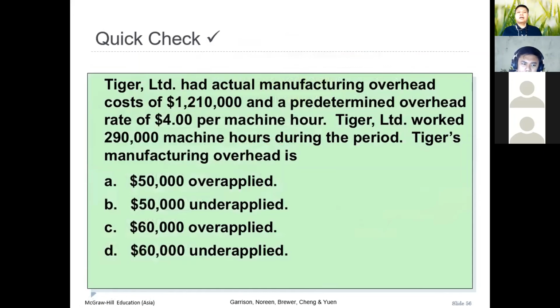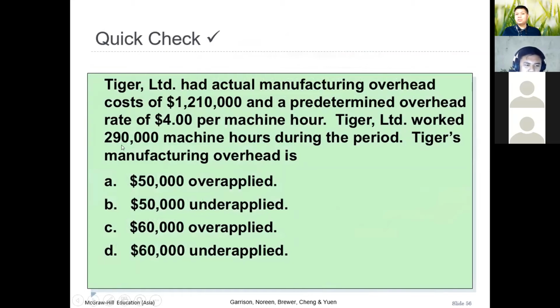Tiger Limited has actual manufacturing overhead cost of 1,210,000 and a predetermined overhead rate of 4 per machine hour. Tiger worked 290,000 machine hours during the period. Let's identify what is 4. 4 is the predetermined overhead rate. How do you apply?